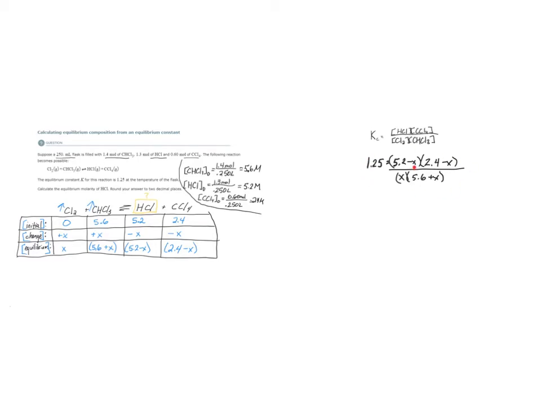So now we just solve for X, and once we find out what X is, we can come back here and place the value for X in these expressions to find the equilibrium concentrations. All right, so let's begin to do that.